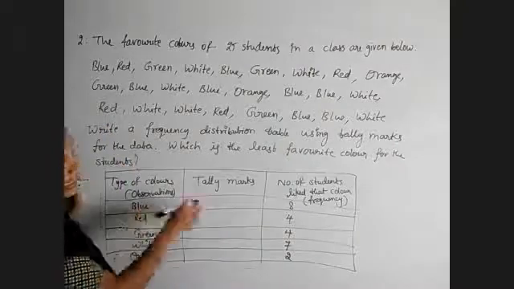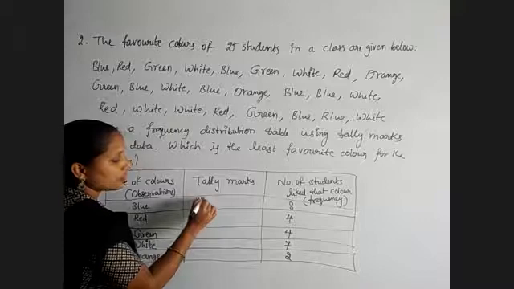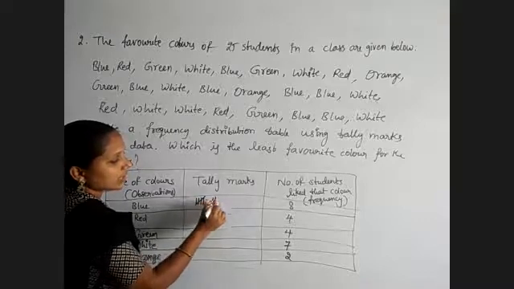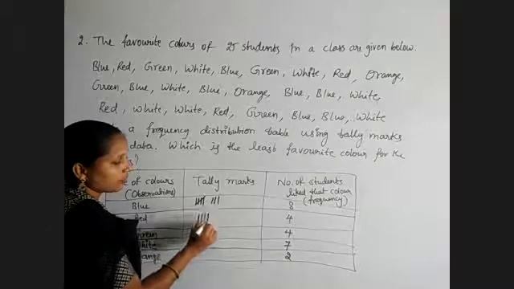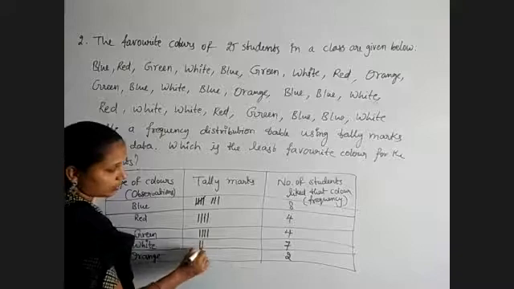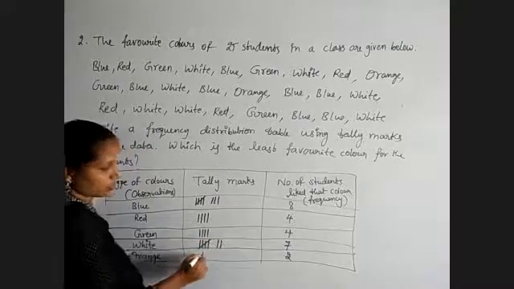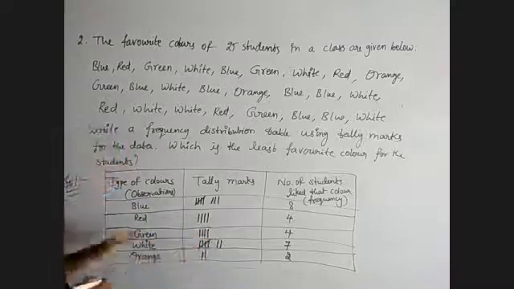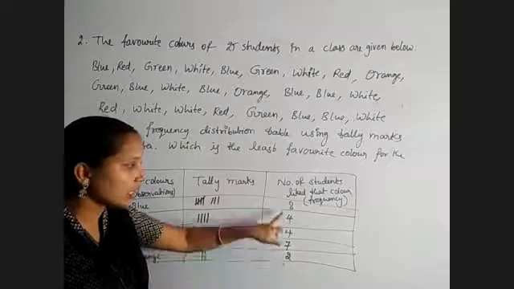So blue color 8 people are liking. So represent by using the tally mark. 1, 2, 3, 4, 5, 6, 7, 8. 4. 1, 2, 3, 4. Next 1, 2, 3, 4. Again 7. 1, 2, 3, 4, 5, 6, 7. 2. So observe the frequency distribution table. Which color is liked by least number of students?